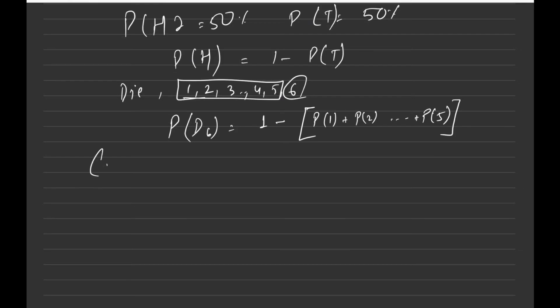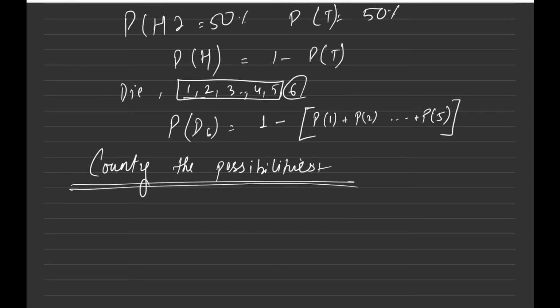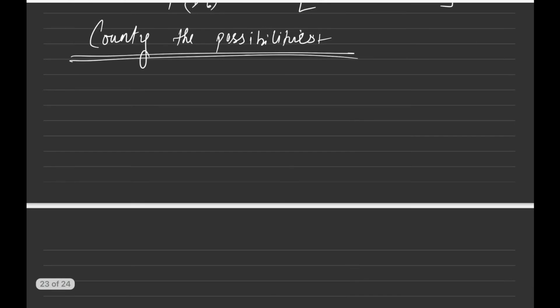Now counting the possibilities is an important thing to learn, because you need to divide it by the favorable outcomes. So how to count the possibilities, the denominator actually. There are multiple ways of doing that.